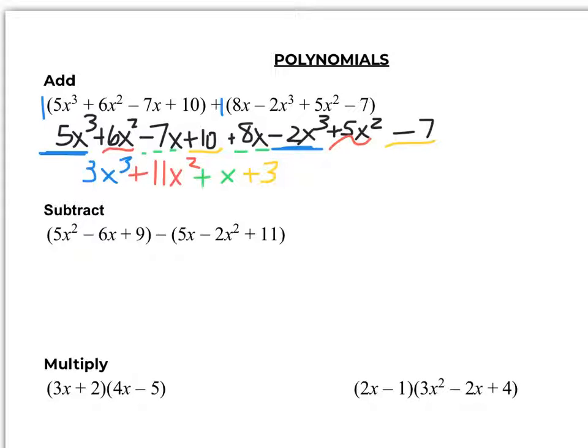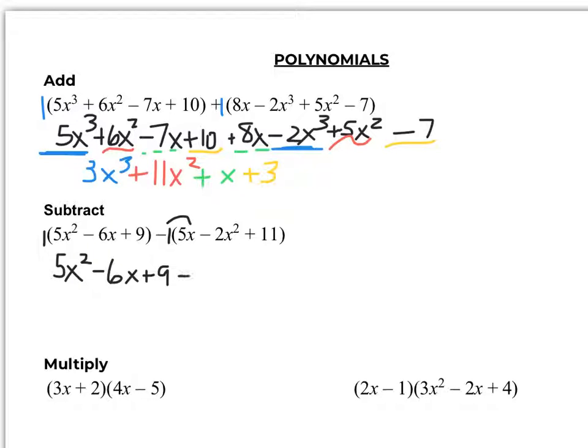Subtracting is exactly the same thing, except for when I have a negative in front, I have to be careful about my signs. So the first parentheses, I'm still going to drop it like it's hot and have 5x squared minus 6x plus 9. But after I distribute through my negative, we're going to change signs.